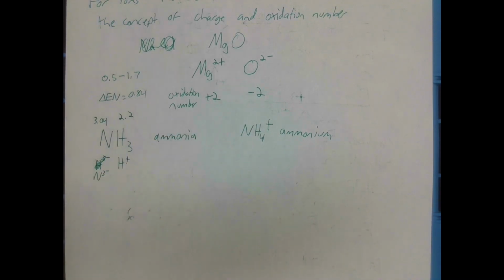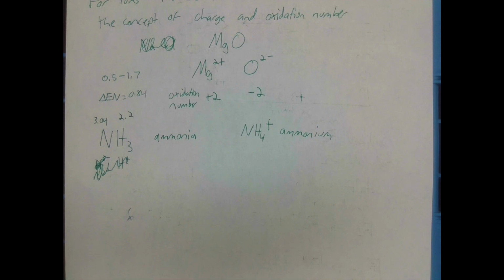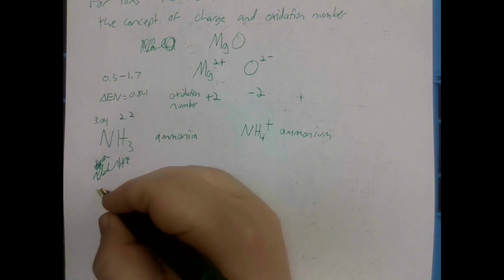Nitrogen usually forms a 3 negative ion, but this isn't ionic. What would be the oxidation state for nitrogen? It is 3 minus. It just happens to work out that way.